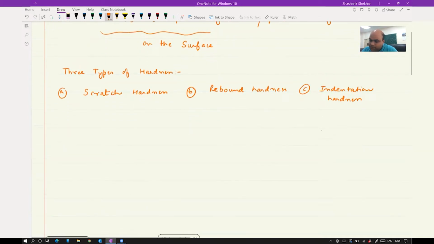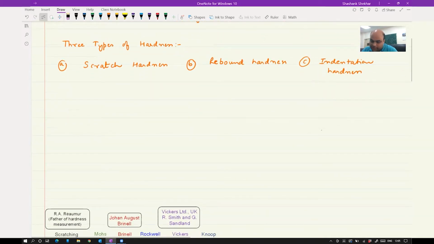Let me give you some introduction about hardness before we talk about these three different types. Two to three points about hardness. Typically hardness is used frequently by material scientists and metallurgical scientists for some reasons.